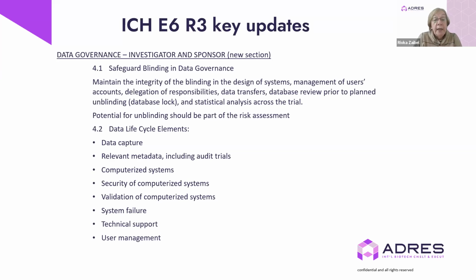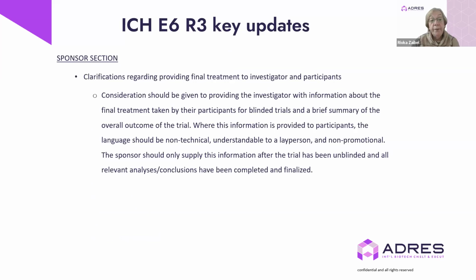Data lifecycle elements are data capture, relevant metadata, including audit trails, computerized systems, security of computerized systems, validation of computerized systems, system failures and how to address them, technical support, and user management.